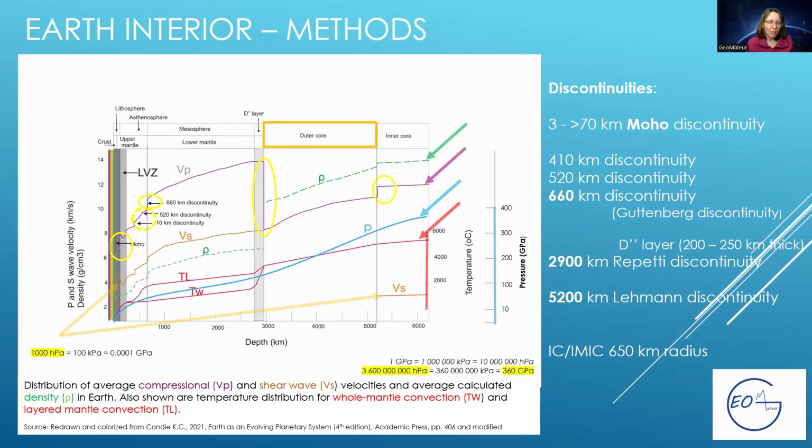At the surface it is around 1,000 hectopascals, and if we travel to the center, it's around 360 gigapascals. Remember, 1 gigapascal is 10 million hectopascals. So the pressure is enormous.